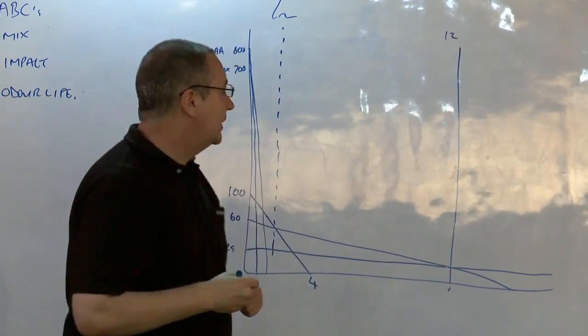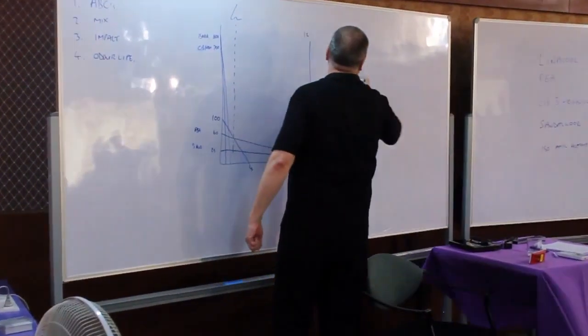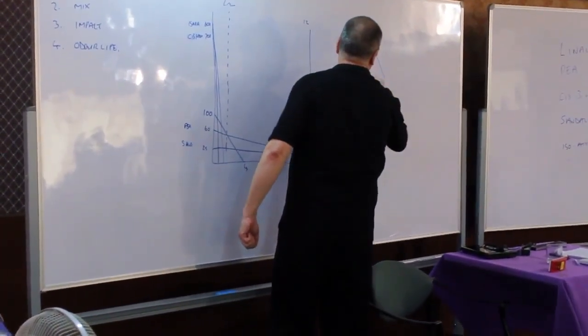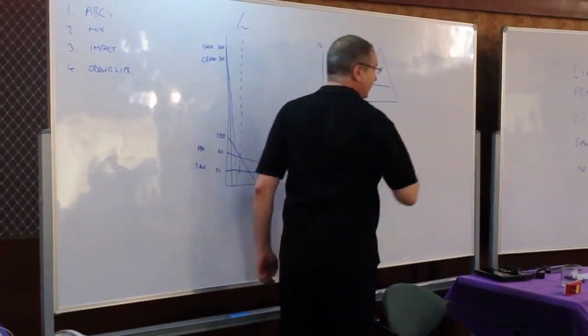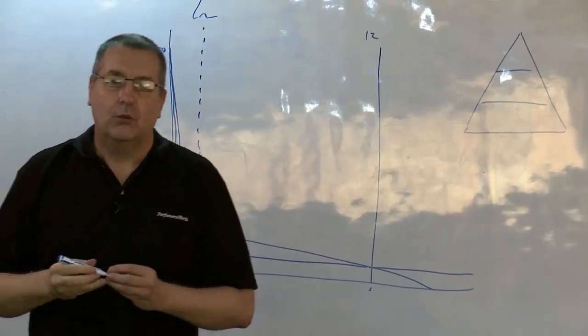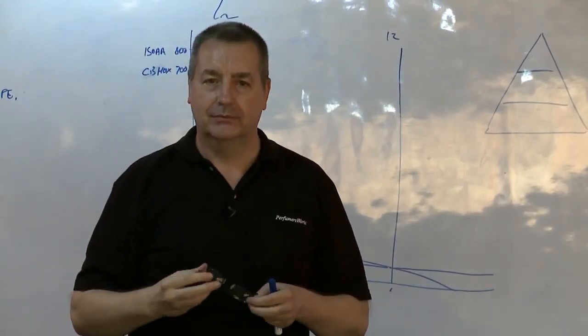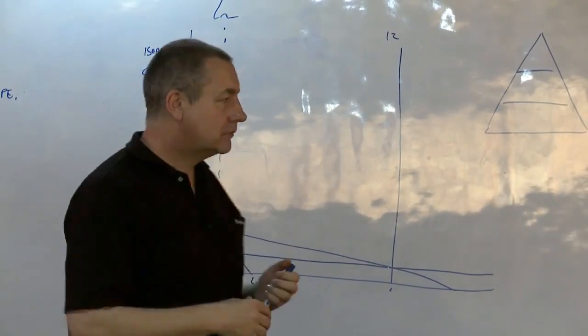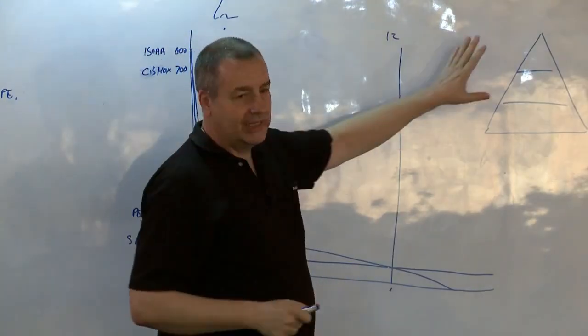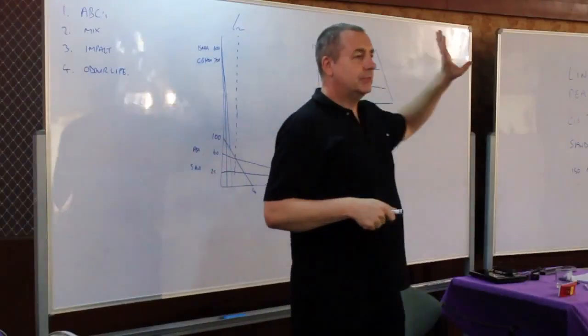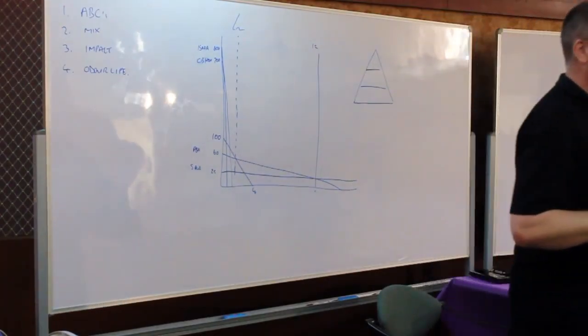Now, the normal way to show how a perfume evaporates is the evaporation triangle, which is fine, which is good for selling perfume. But there are two things that it misleads us to believe.